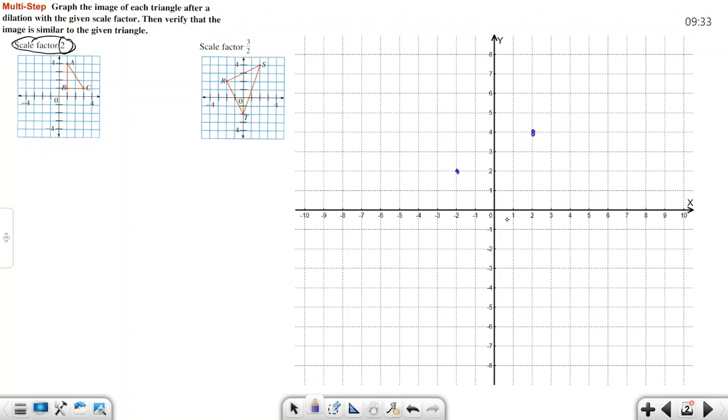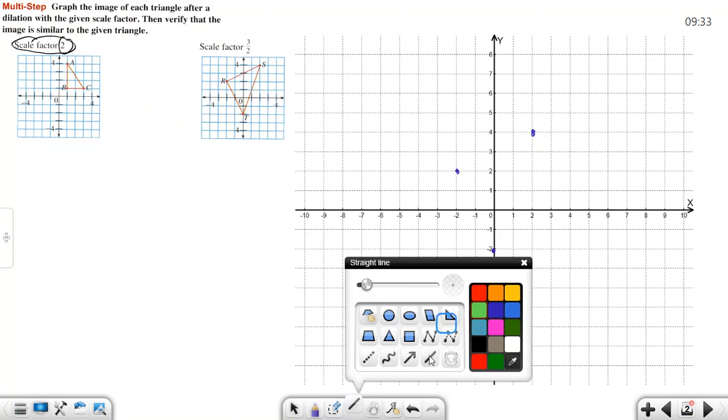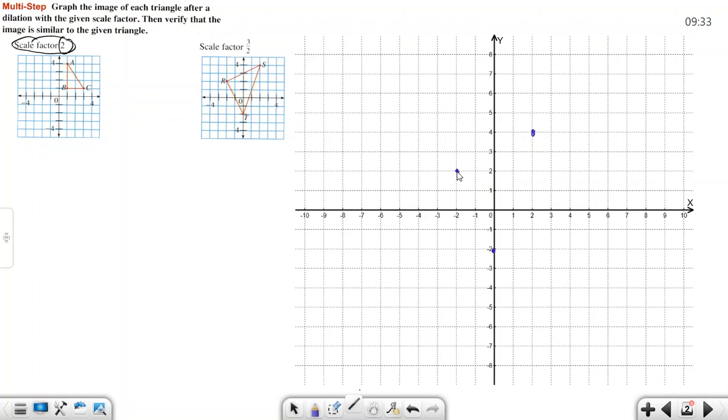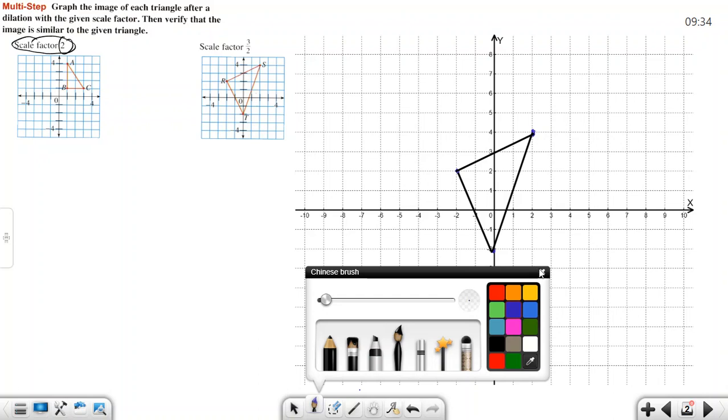And T is 0 and negative 2, that one. That's a triangle again, and to draw this triangle I will use some lines in black. That's first, that's second, and that's third. That's similar. My drawing wasn't perfect, but maybe.